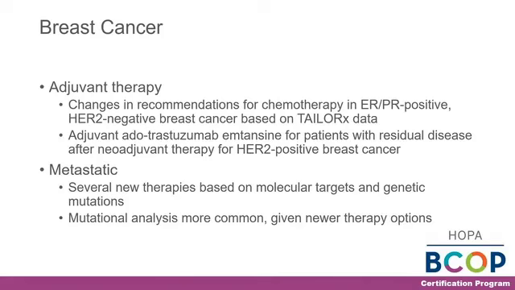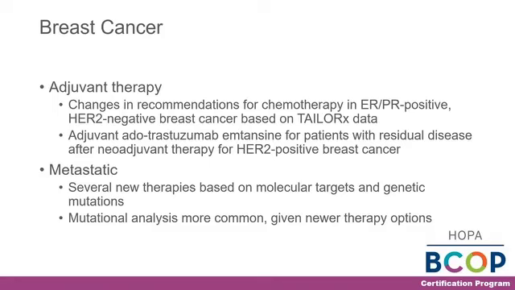With regards to adjuvant therapy, I just want to highlight again that the recommendations for chemotherapy in the ER-positive, HER2-negative breast cancer population have changed recently based on the TAILORx data. And in the HER2-positive patient population, adjuvant therapy now includes ado-trastuzumab emtansine, or T-DM1, if patients do have residual disease after neoadjuvant therapy.